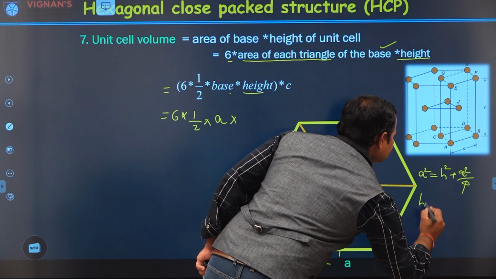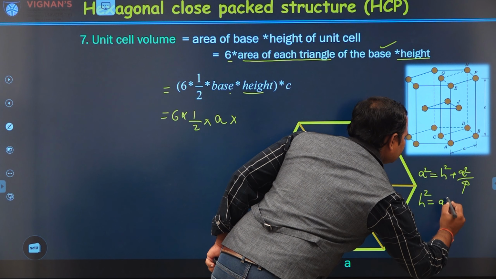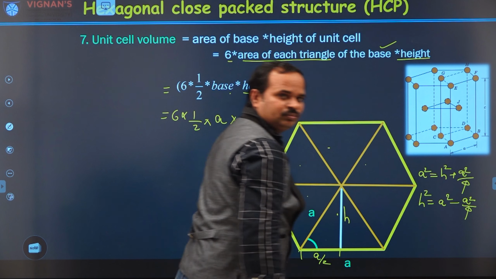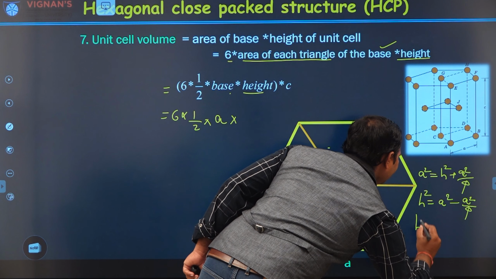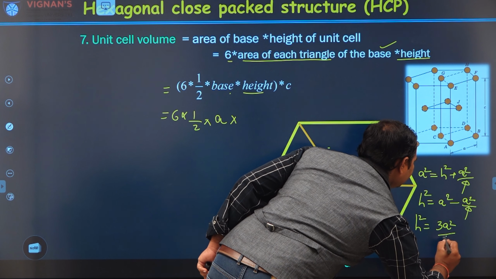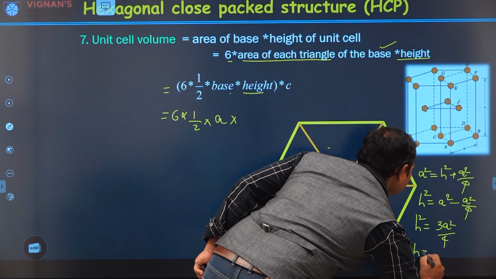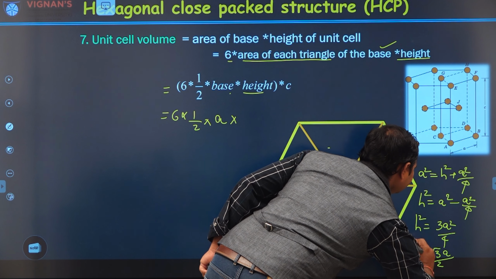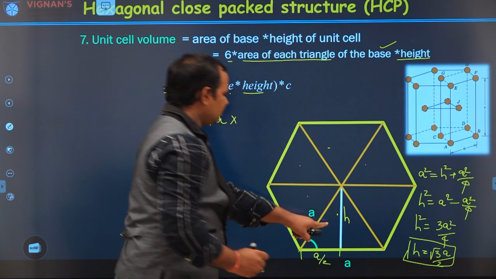So that means H square is equal to A square minus A square by 4. So H square is equal to 3A square by 4, then H is equal to root 3A by 2. This is the height of the triangle.